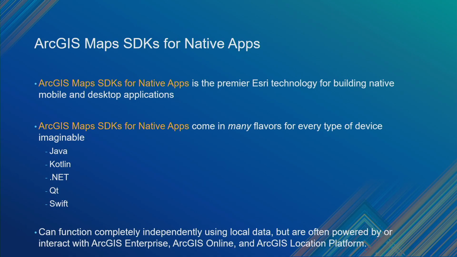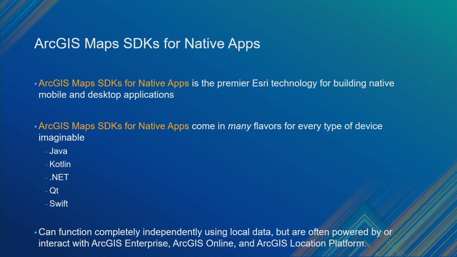Maybe you want to be connected to ArcGIS Enterprise, pulling in data and capabilities from there, not solely reliant on that local data. Both are possible for you, and we actually commonly see a hybrid of the two with those native applications, sometimes being totally disconnected and functioning on that local data, and other times connecting back to ArcGIS Enterprise and then also ArcGIS Online and ArcGIS Location Platform as well.